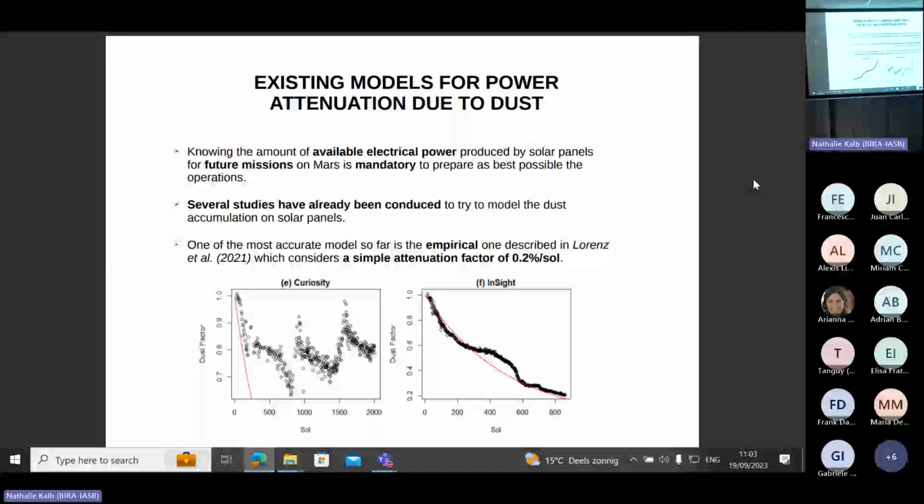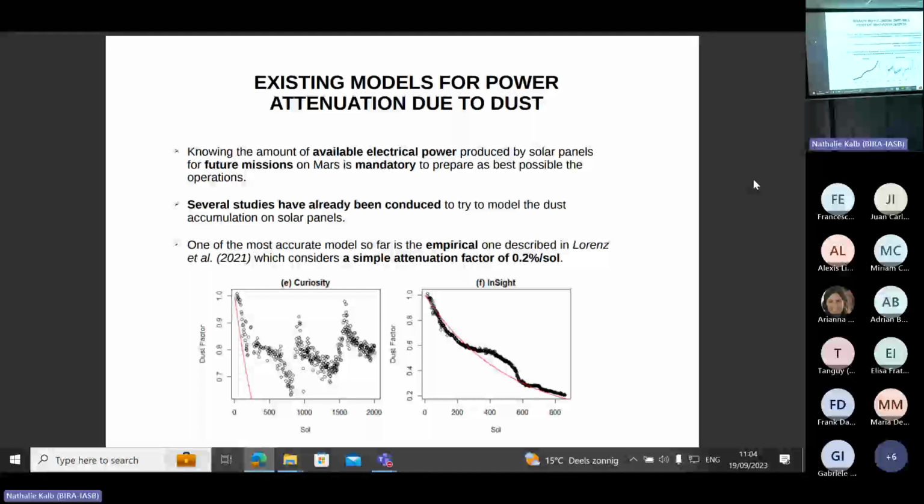But one which works pretty well is the one explained in the article of Lawrence and collaborators in 2021, which is a simple, empirical model using a simple attenuation factor of 0.28% per sol. I show here the model in red, and in black the measurements of the electrical current measured by two different landers, InSight and Curiosity.